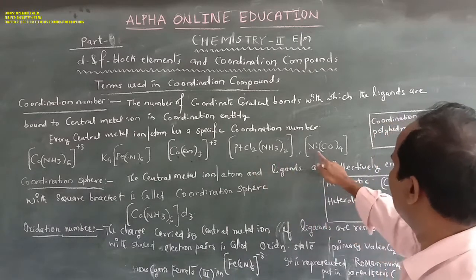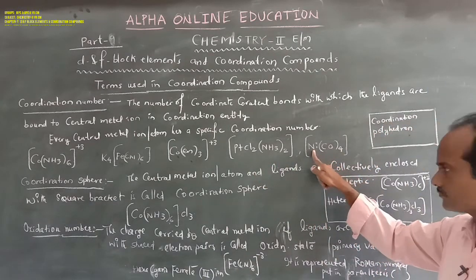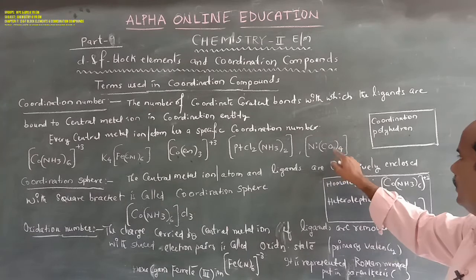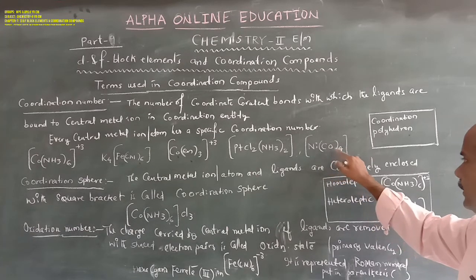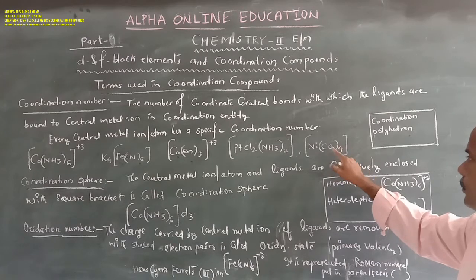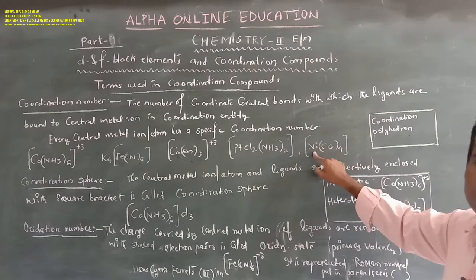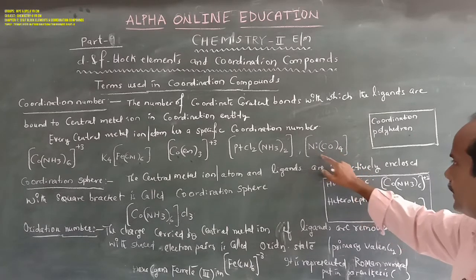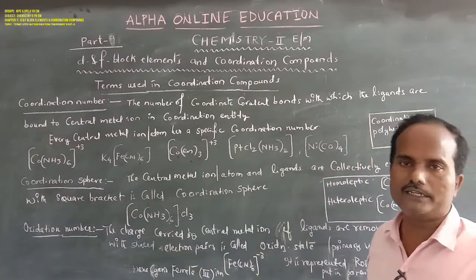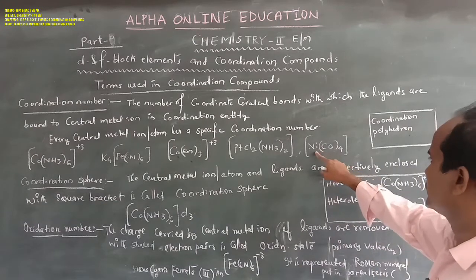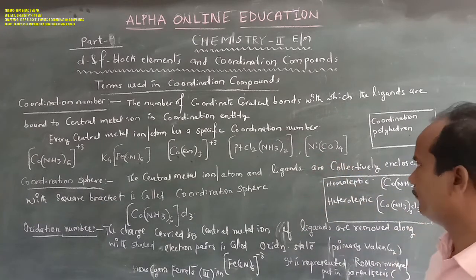Whereas when you take tetracarbonylnickel, here are 4 carbon monoxide molecules, neutral ligands. They can donate 4 pairs of electrons to nickel. That's why the coordination number of nickel in this complex is just 4.